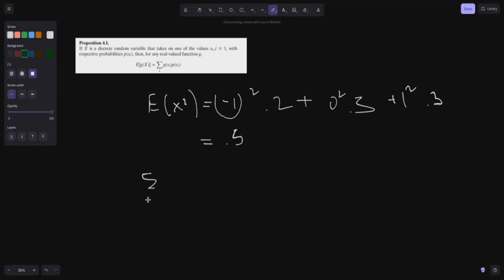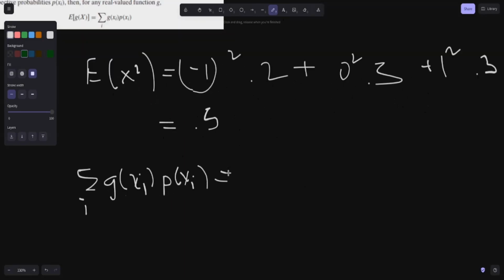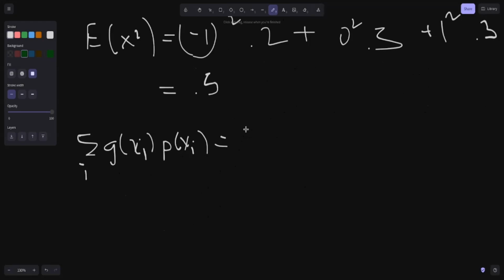So let's say summation over i of g(xi) p(xi). Okay, now how can we break this? Okay, let's zoom in a bit. So now I'll introduce two summations over j and i such that g(xi) is equal to some yj, and I'll replace this thing with yj.